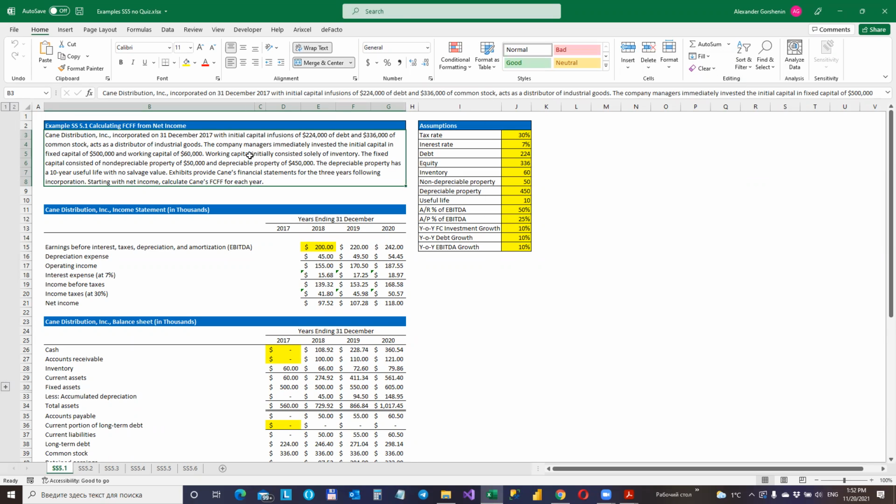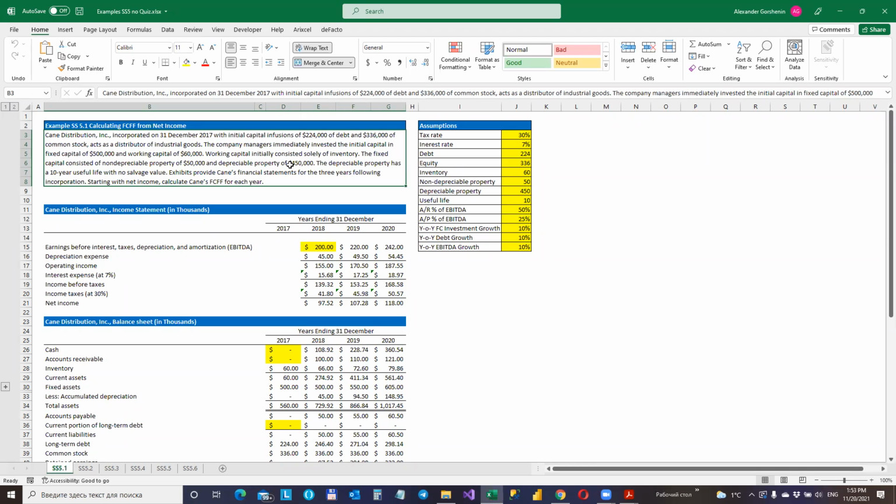Kane Distribution Incorporated was founded on 31st December 2017 with an initial capital infusion of 224,000 of debt and 336,000 of common stock, and acts as a distributor of industrial goods. The company managers immediately invested the initial capital in fixed capital, so they purchased some equipment, for example, at a cost of 500,000, and working capital of 60,000.